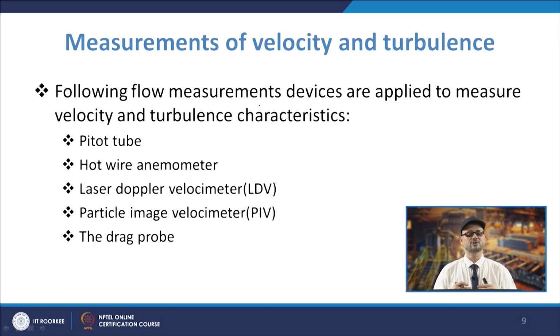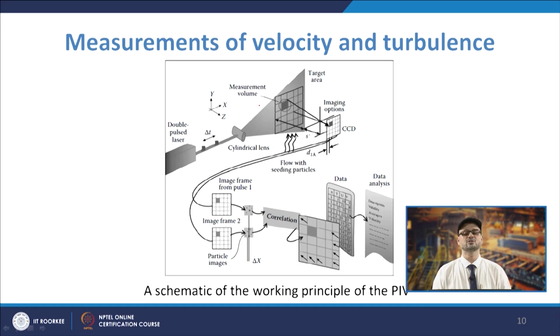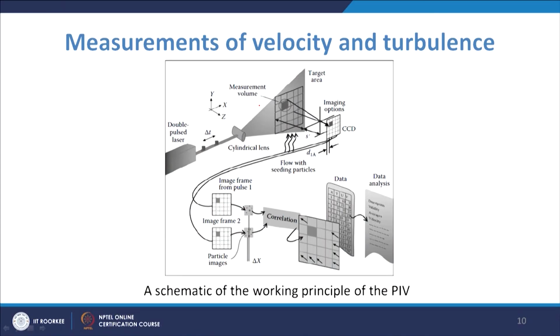Then there is the drag probe. These are the different ways by which you measure velocity and the flow profile. This is how the velocity and turbulence PIV setup looks, where you find the velocity profiles inside the vessel.